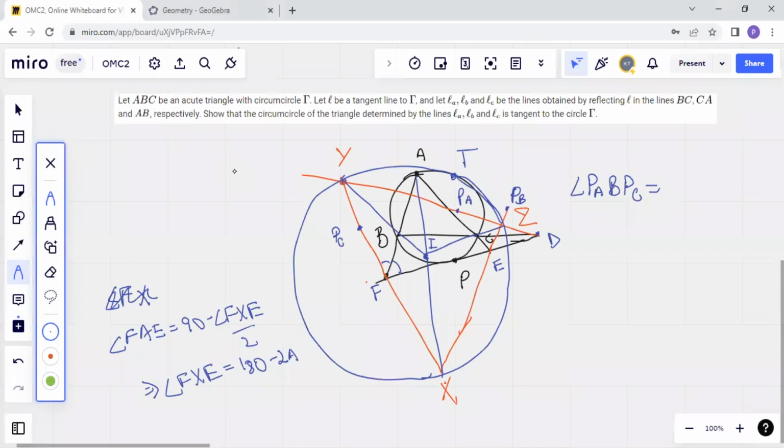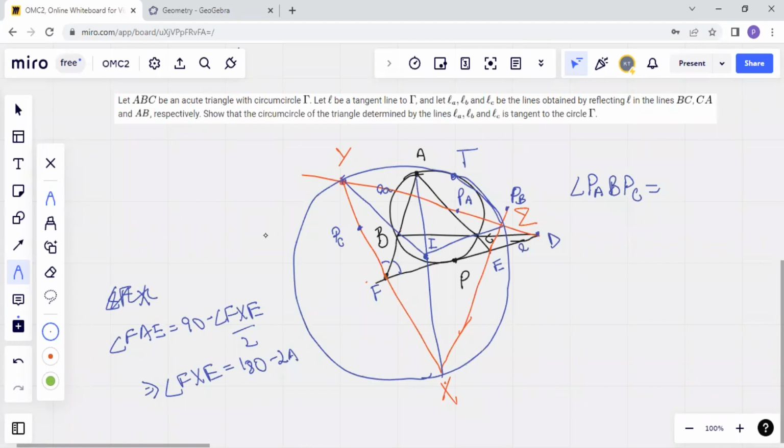So now we first define D as the intersection of L and BC, E as the intersection of L and AC, F as the intersection of L and AB. We have that BC bisects the line L and its reflection. And so we have that AF and AE are external angle bisectors of XFE and XEF.